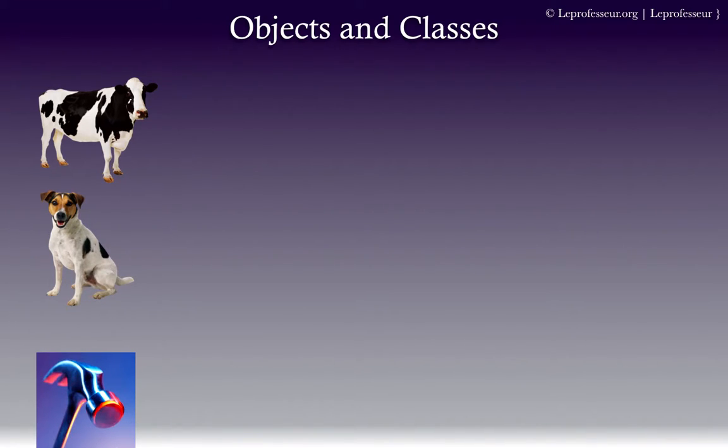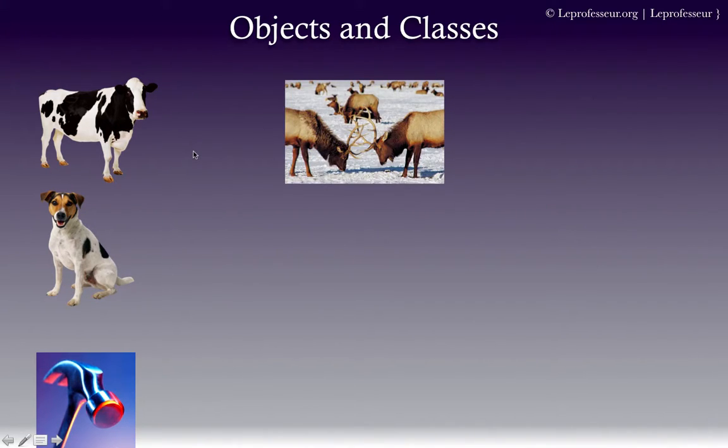Now these are three different categories, and we have three different objects. These objects may have other characteristics. For example, the cows may fight with each other, or they may not. Don't worry about this diagram because I couldn't find an appropriate one. So think that this animal is a cow, and they are fighting with each other, for example.